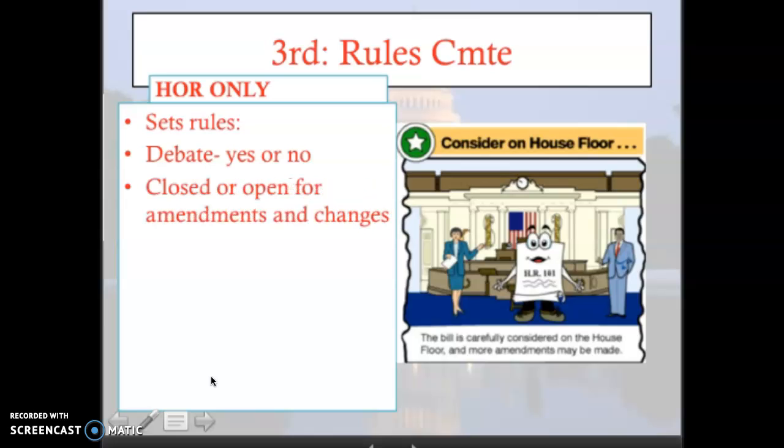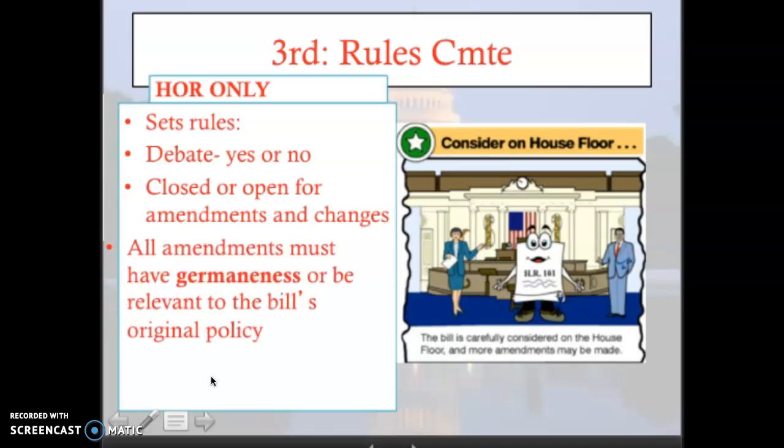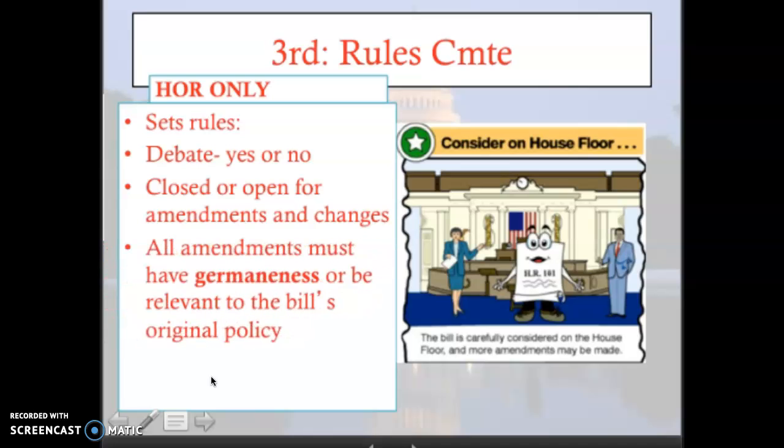A bill can be closed or open for amendments and changes. If a bill is closed, it can't have amendments. If a bill is open, then you can have amendments. But in the House of Representatives, all amendments must have germaneness. Okay? All amendments that you add to a bill have to relate to the original policy.